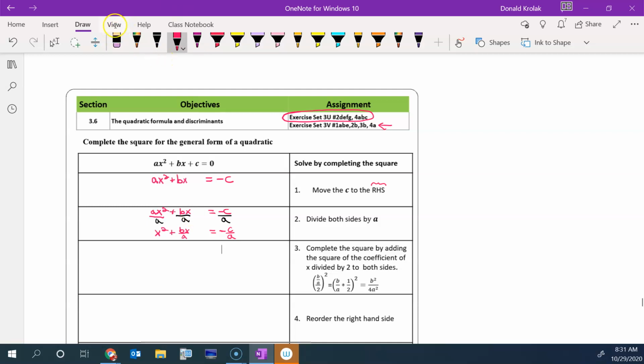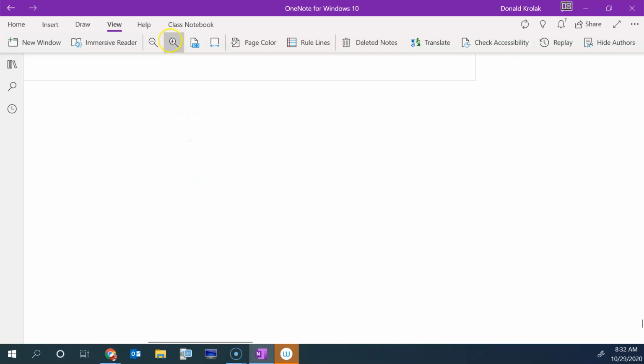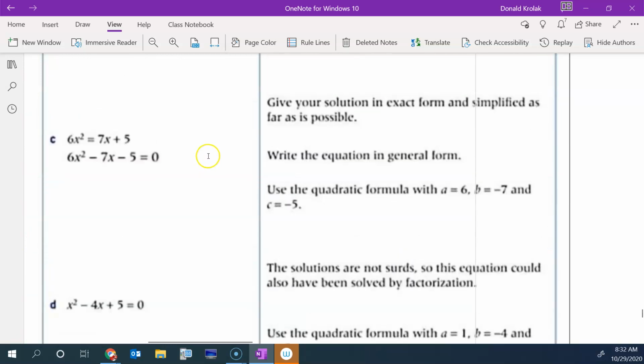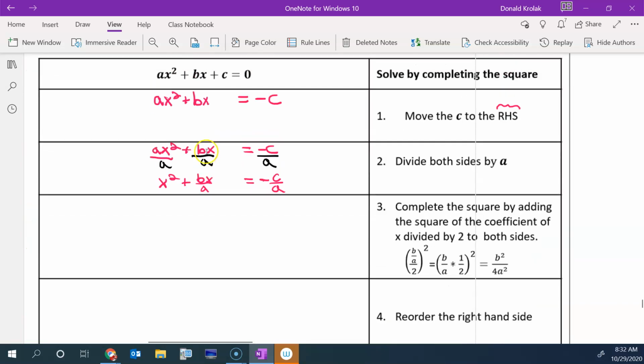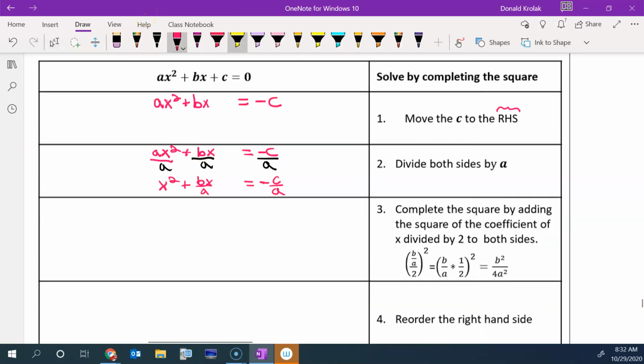Now we take half of the coefficient on the linear term. Okay, so the coefficient on the linear term here, guys, is the fraction b over a. So I did it right over here. I took b over a and I divided it by 2. Well, that's the same as b over a times 1/2. And then I squared it.